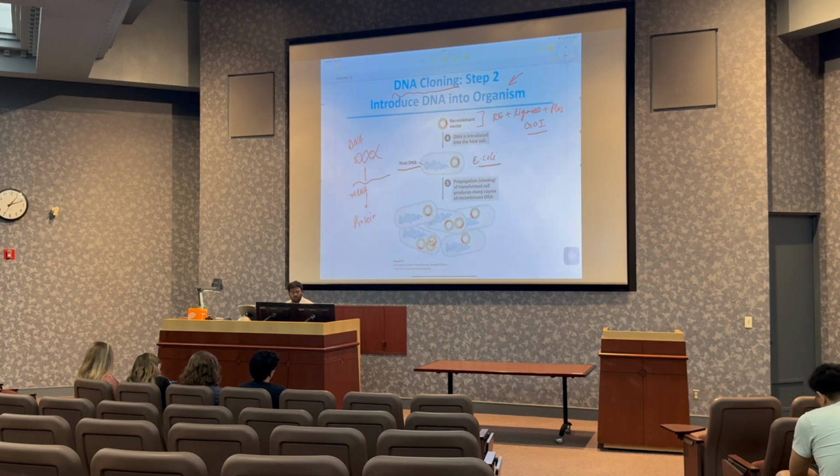So if you have recombinant DNA, it will express and produce more and more mRNA, and ultimately more and more protein, and this is what you need.